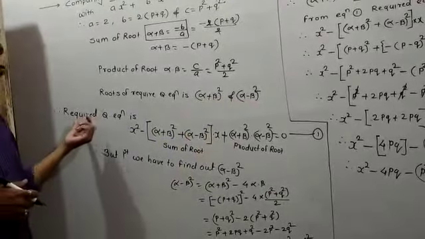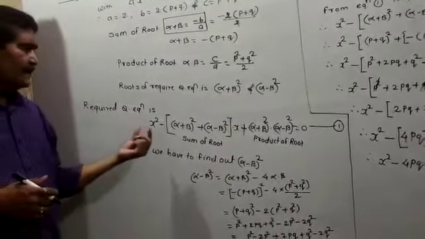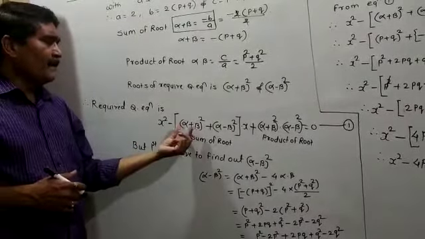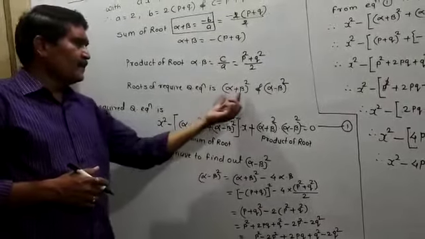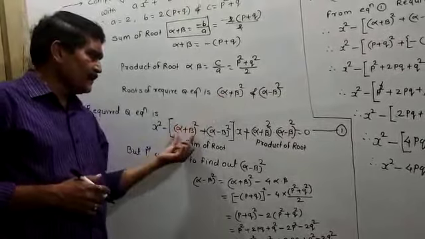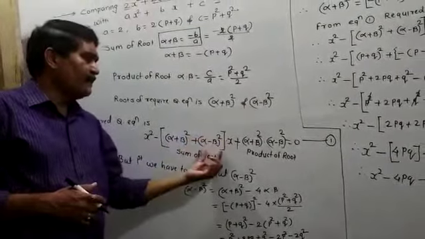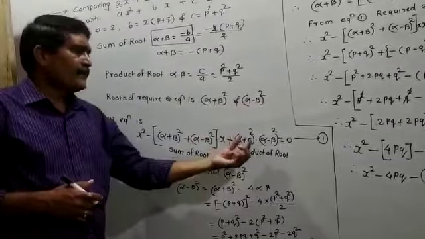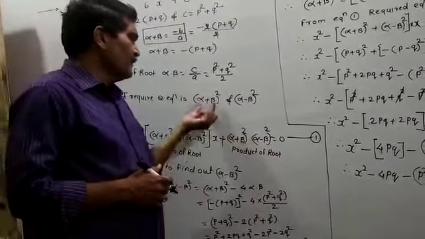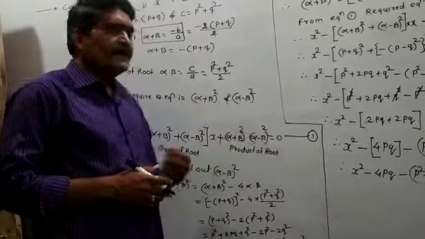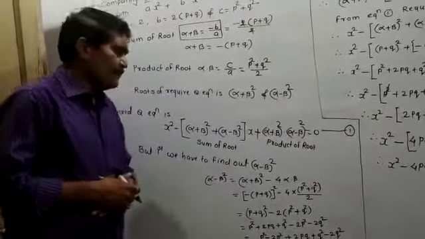From that, the required quadratic equation is x square minus, sum of the roots, alpha plus beta bracket square plus alpha minus beta bracket square, into x plus the product of the roots, alpha plus beta bracket square into alpha minus beta bracket square, is equal to 0.